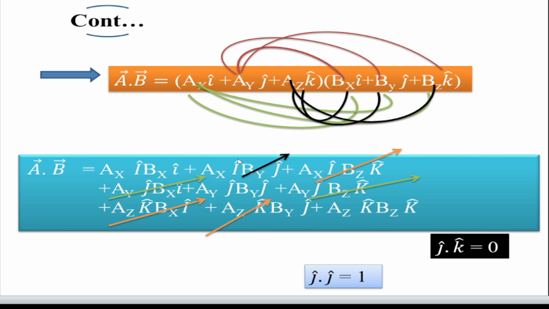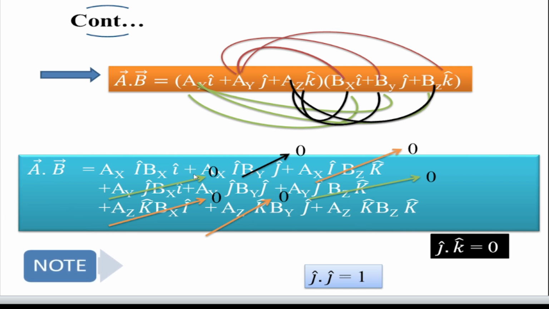Why? Because the unit vector I and the unit vector j are mutually perpendicular, and cosine of 90 degrees becomes 0. Zero times any number becomes 0. Great. That's good.